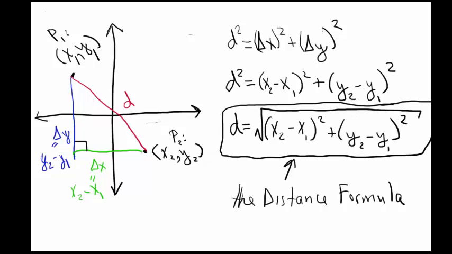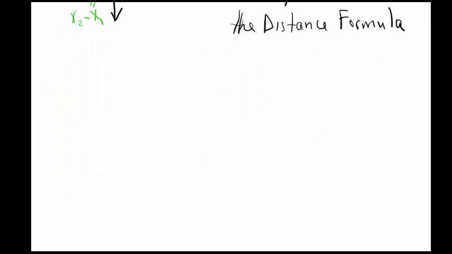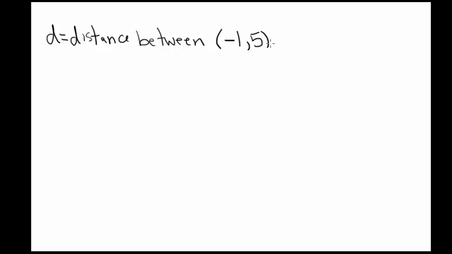So let's look at an example of how to find the distance between 2 points just using the distance formula itself. So say, what is the distance between, let's just do -1, 5, and 3, -7?